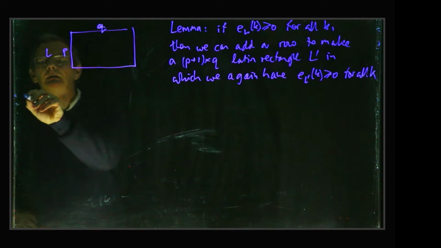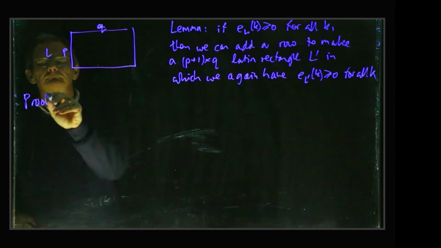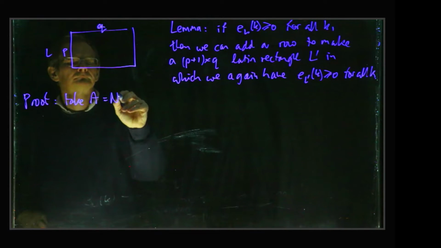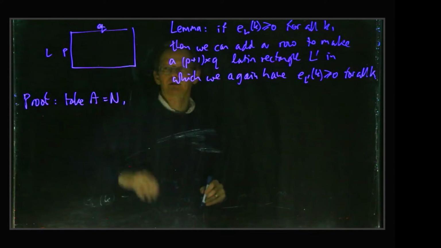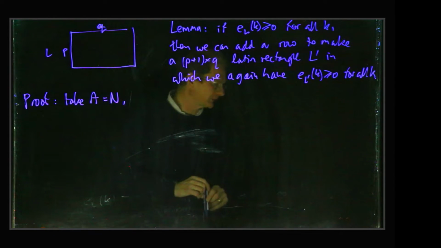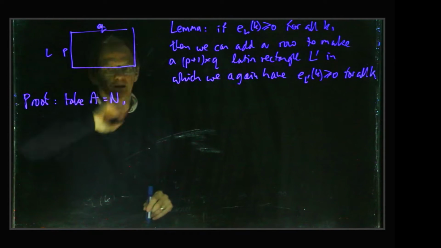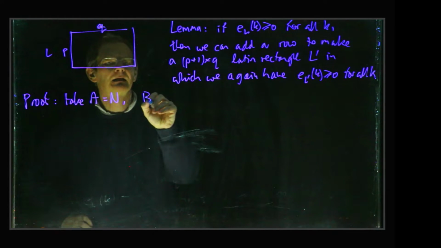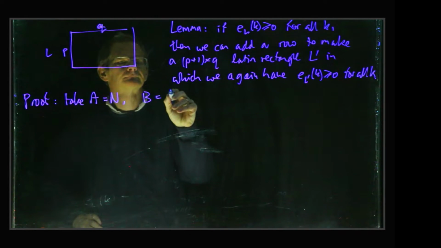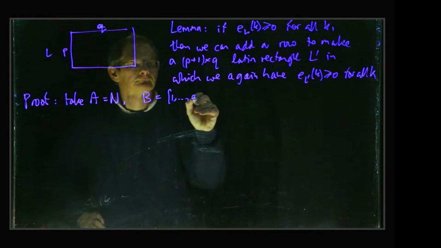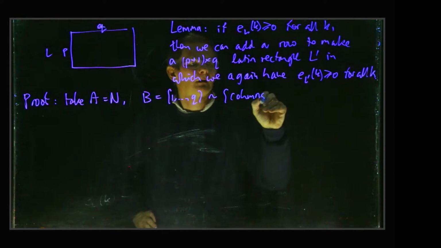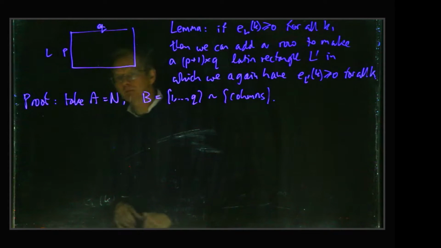And so A is capital N, the set of potential entries, the things that we're using to fill up the table, and we're going to take B to be the set of columns.